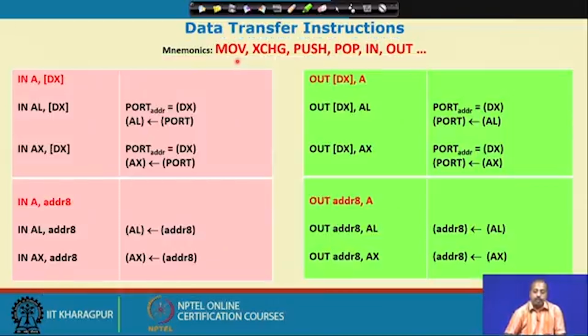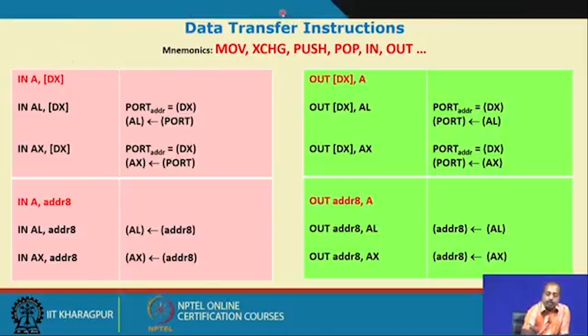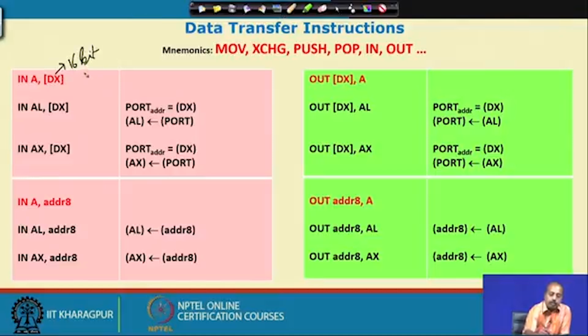Then other instructions that we have are the input instruction, by which you can read some port, and the output instruction, by which you can transfer some output to the output port. In AX comma DX, this is for a 16 bit port address, so this is the indirect address.